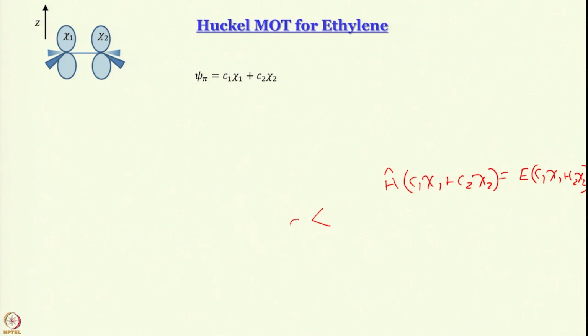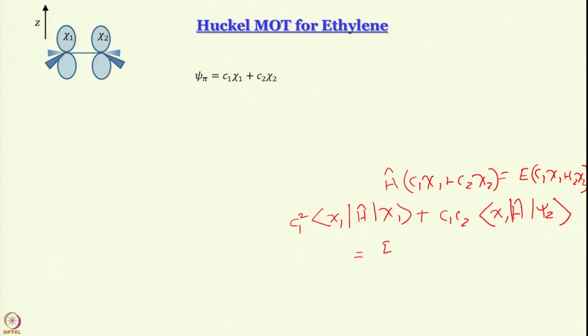So, it will be something like C1 squared integral chi1 h chi1 plus C1 C2 integral chi1 h chi2 is equal to E multiplied by C1 integral chi1 chi1, and I do not need to say chi1 star here because I know the pz orbital is a real one, plus C2 integral chi1 chi2 over all space, right.